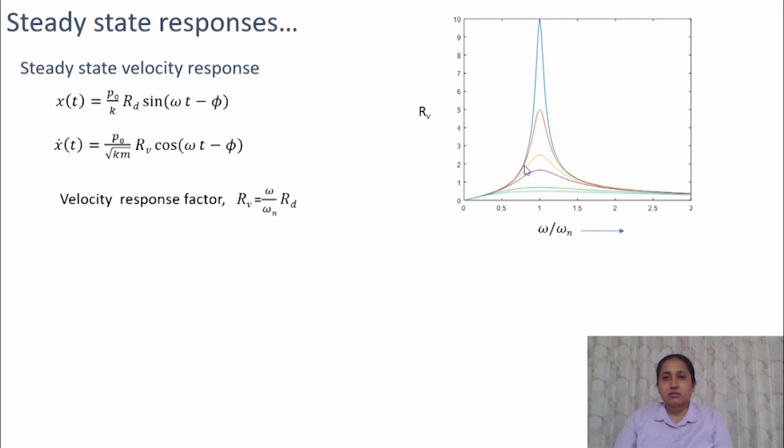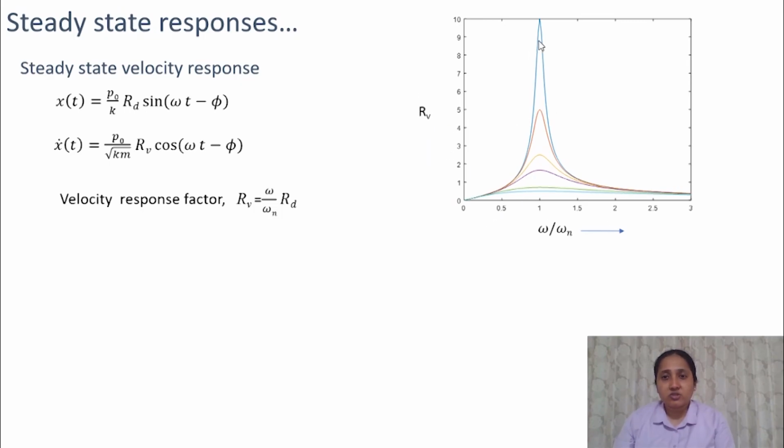So if you plot this, we get curves similar to Rd. It will look like this, and the values will change with the damping ratio. The highest curve is for the lowest damping ratio. When the frequency ratio is close to 0, the value of Rv is also close to 0, and when the frequency ratio is near 1, the value of Rv increases.